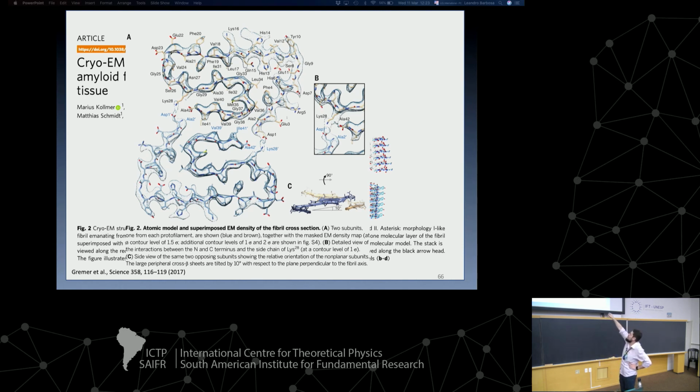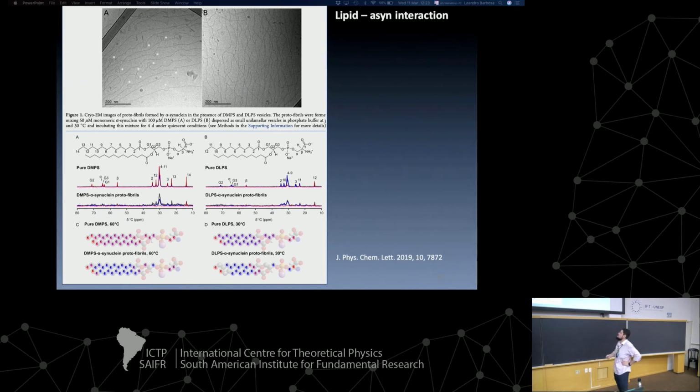Here I have one peptide, down here the second one, and here is the residue that he believes is the most important for that interaction. Even in that study, he also saw the influence of some different lipids in the cryo-EM of this.